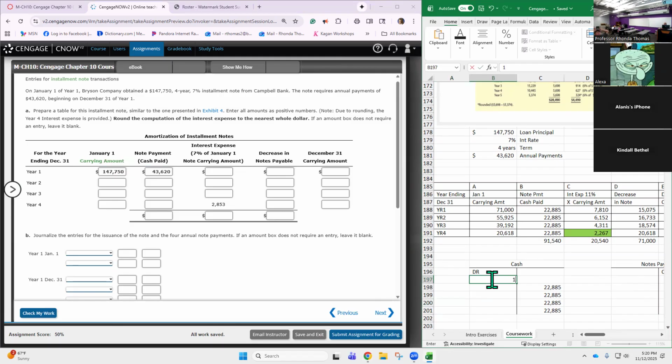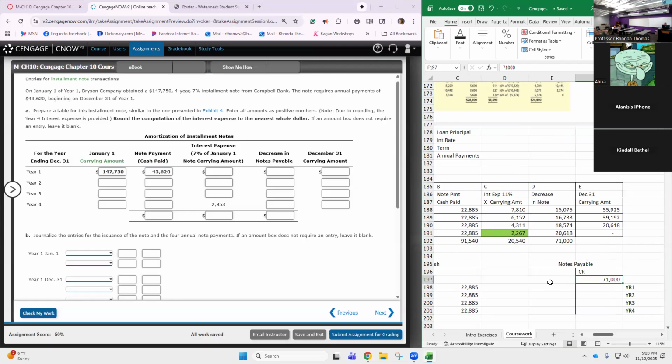So we're getting cash, $147,750 in cash, and we're going to put that note in notes payable, $147,750 in notes payable to the Campbell Bank. We're going to label this Campbell Bank on this note payable so we don't get it confused with anything else. Campbell Bank. There we go.